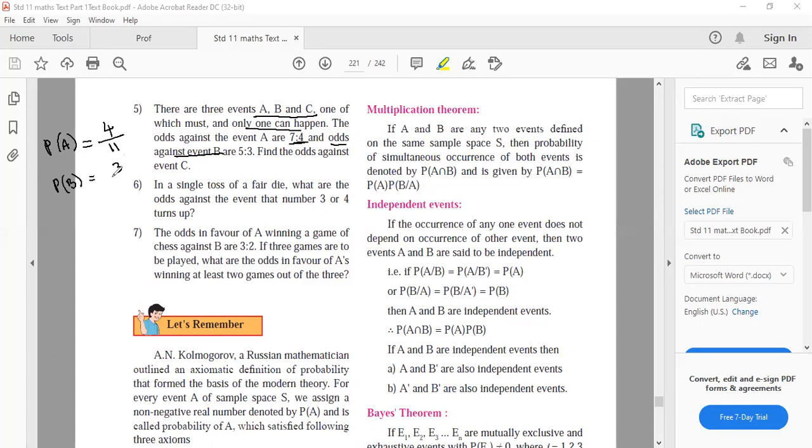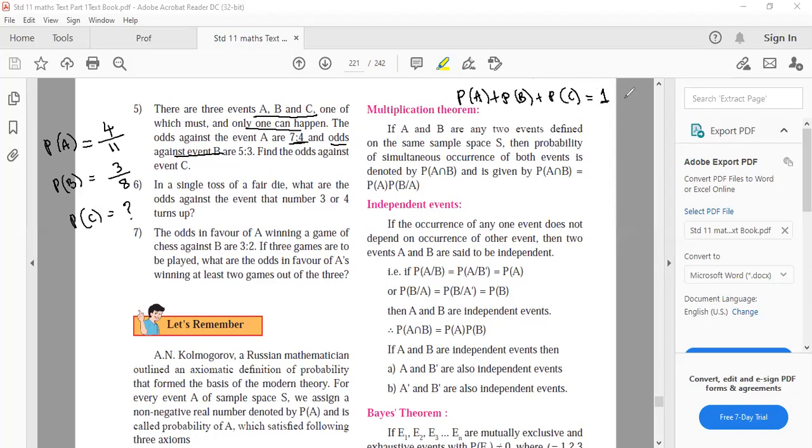So probability of B happening is 3 by 8. Odds against C. Probability of C happening you have to calculate. Now, because they are exclusive and exhaustive events, probability of A plus probability of B plus probability of C will give you the whole sample space, hence probability will be 1.